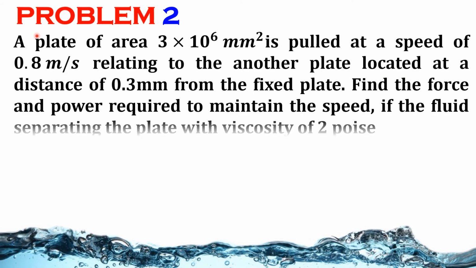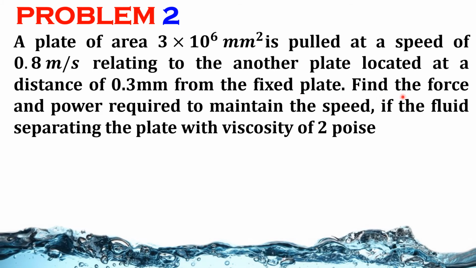Problem number 2. A plate of area 3 into 10 to the power 6 mm square is pulled at a speed of 0.8 meter per second relative to another plate located at a distance of 0.3 mm from the fixed plate.